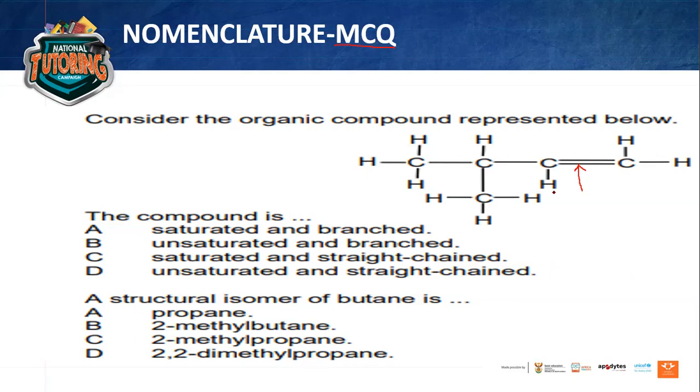Already, without going anywhere, I can say this molecule belongs to the homologous series alkenes. Right? That is already what comes into my mind when I just look at the molecule before I even go into the questions, or rather into the options that are given.